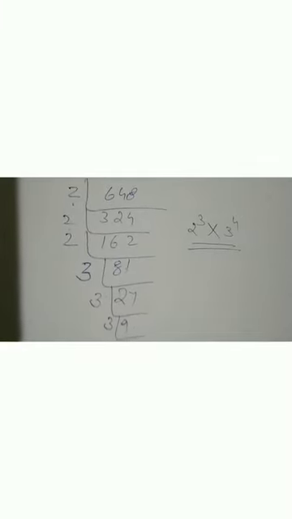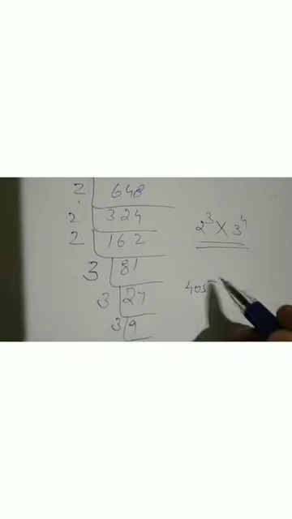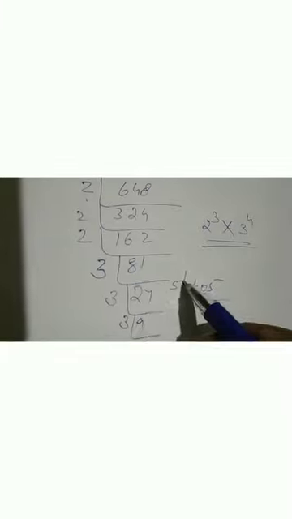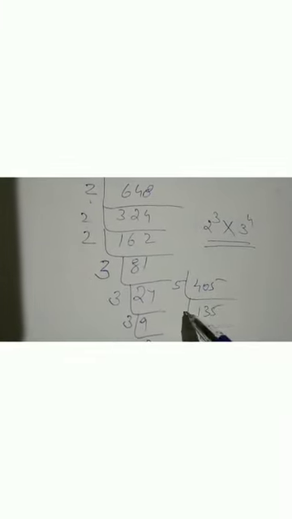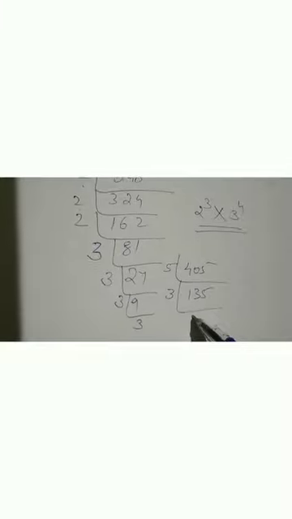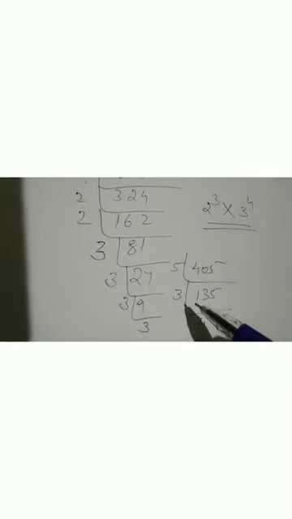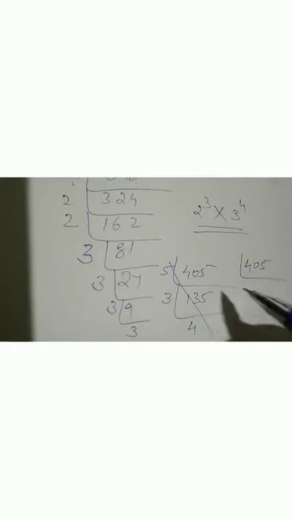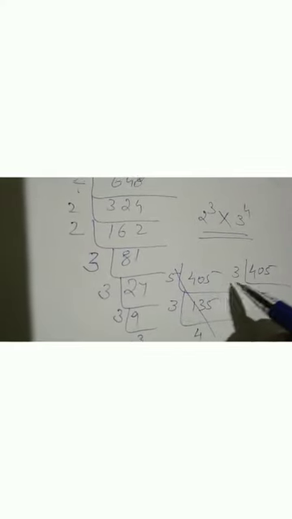Okay, so next one is 405. We can divide this by 5, that is 135. Then by 3, we can do the smallest prime number. So 405 we can do by 3, the smallest one, that is 135.